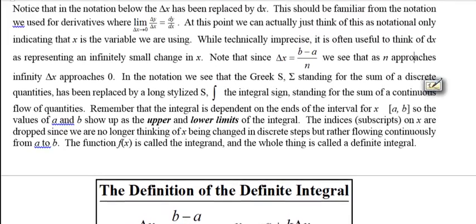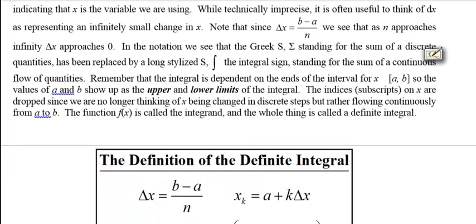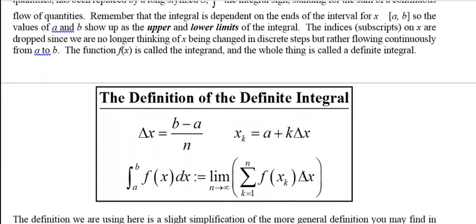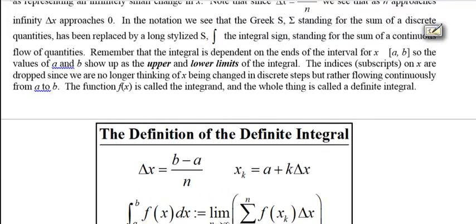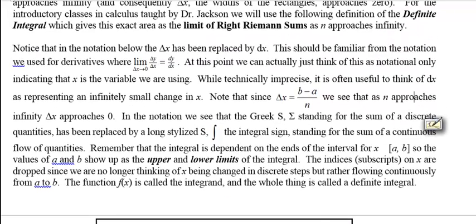But it's also nice to think of what happens to this delta x here when we take the limit. It becomes this dx. So delta x is a change in x. We can think of this dx as sort of like an infinitely small change in x. That's not really precise, okay? That's not technically a correct statement, but sometimes it's a useful way to think of it.